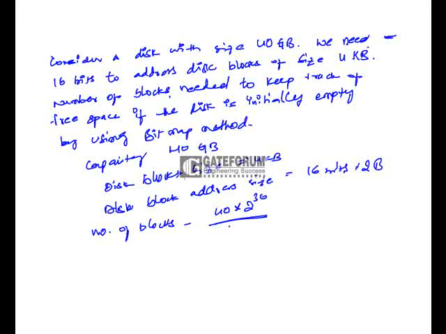Disk block size is 4 KB, 4 into 2 power 10. So this is 10 into 2 power 20 blocks. This is the number of blocks in the disk. So we got 10 mega blocks in the disk, and they are initially empty.